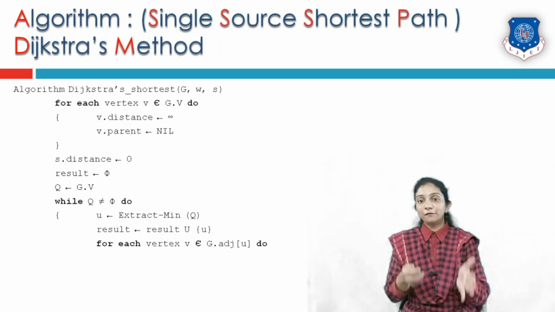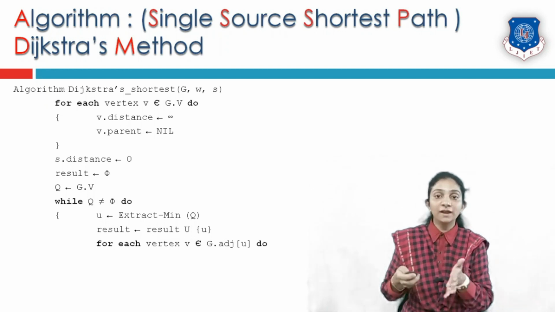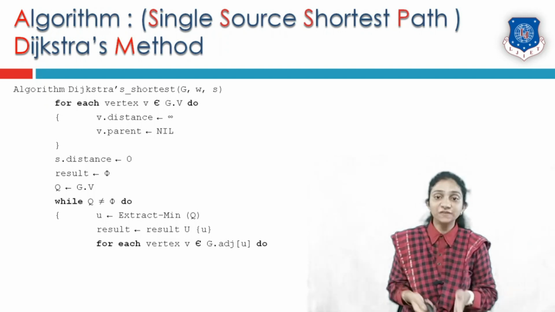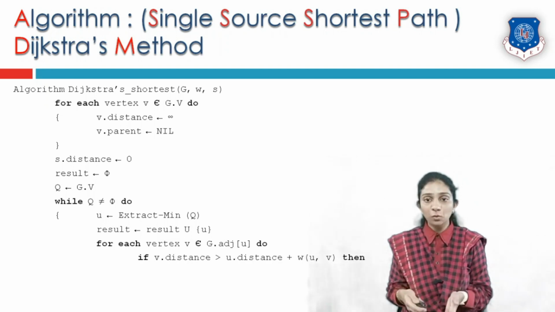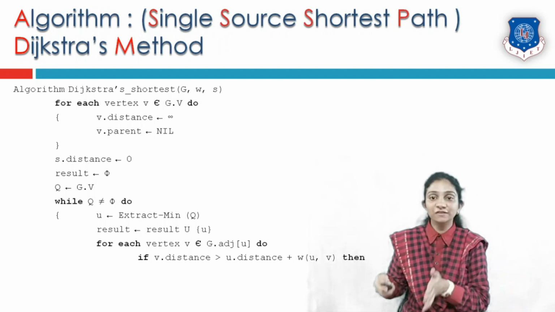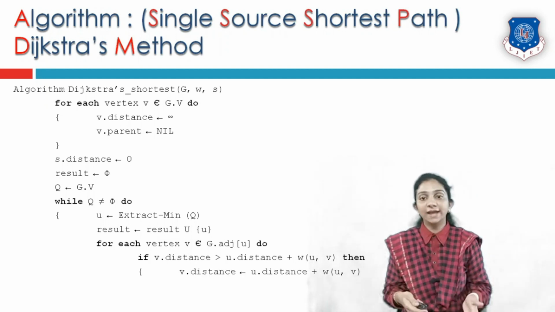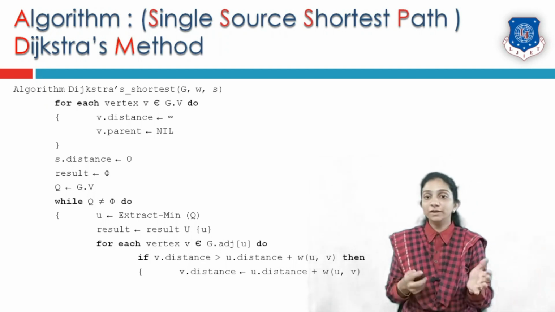After that, for each vertex V which is present in graph and which is adjacent to vertex U, if the distance of the new vertex is greater than previous distance plus new edge, then the distance of new vertex will be updated. So here the formula is same what we were doing.